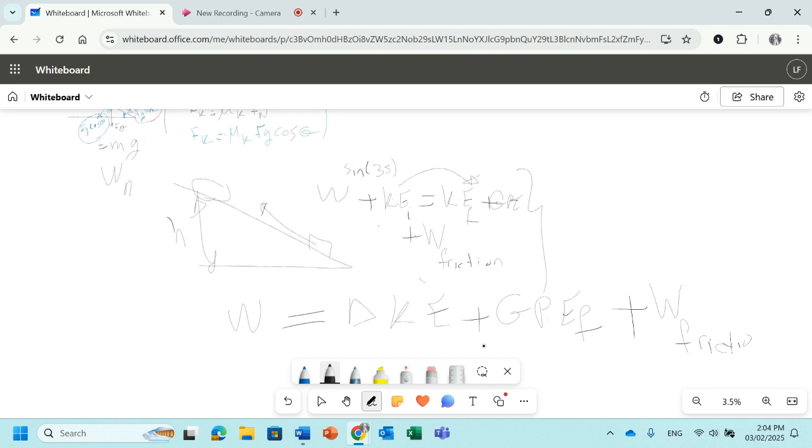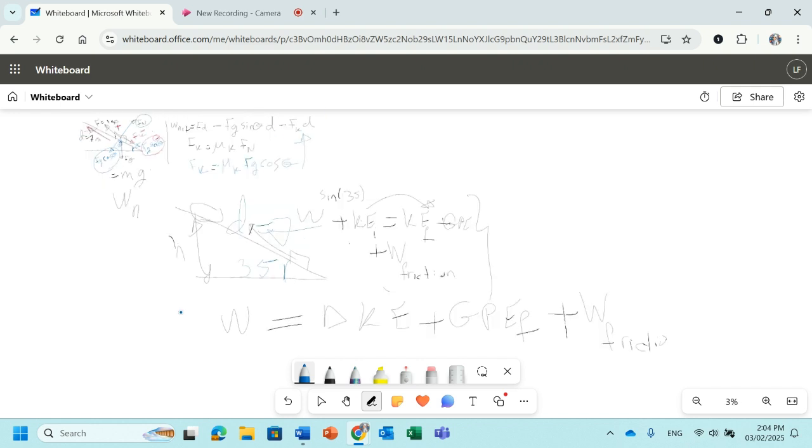Gravitational potential energy is mgh, mass times gravity times the height. Now this height here, this distance, I have the angle 35 and I have this distance which is 7. So h will be from sine the angle theta, which is opposite over adjacent.